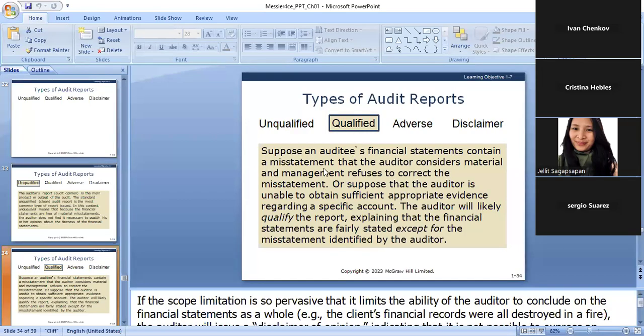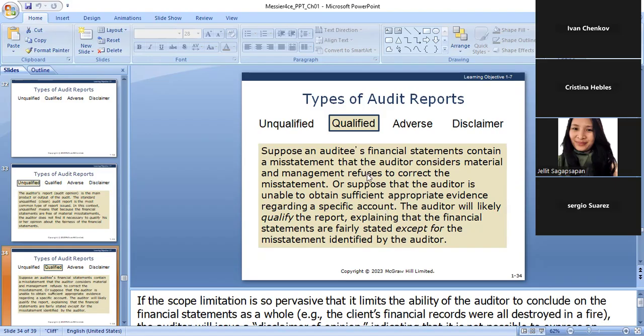When we're giving the qualified opinion, let me share my screen. So we found that there is a misstatement. We consider that misstatement material. We tell the manager, and the manager refuses to correct the misstatement. Or the auditor is unable to obtain sufficient appropriate evidence regarding a specific account.